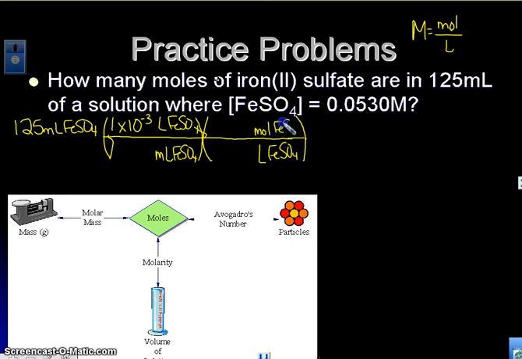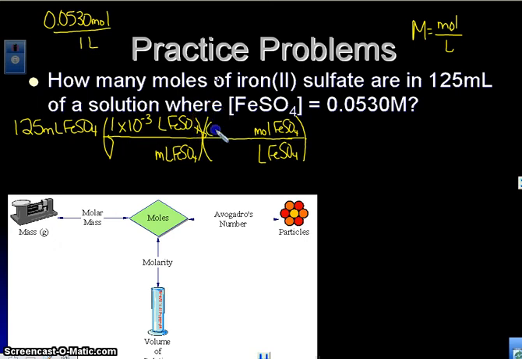Remember that we are using that molarity as a conversion factor because the molarity is the moles divided by the liters. So in this case, we have 0.0530. I'm going to come over here and write that so I have room. 0.0530 moles per liter. So that's the number of moles in 1 liter.